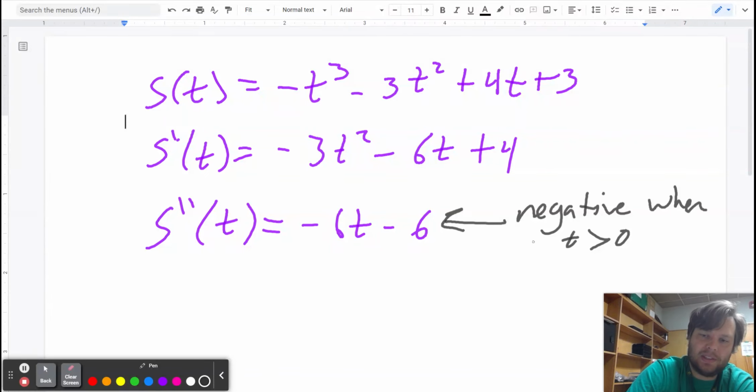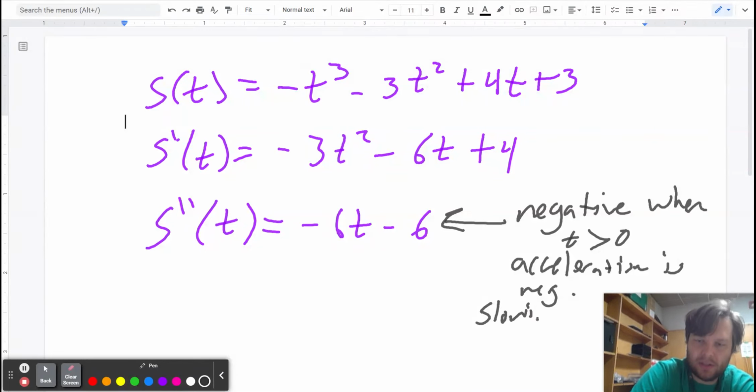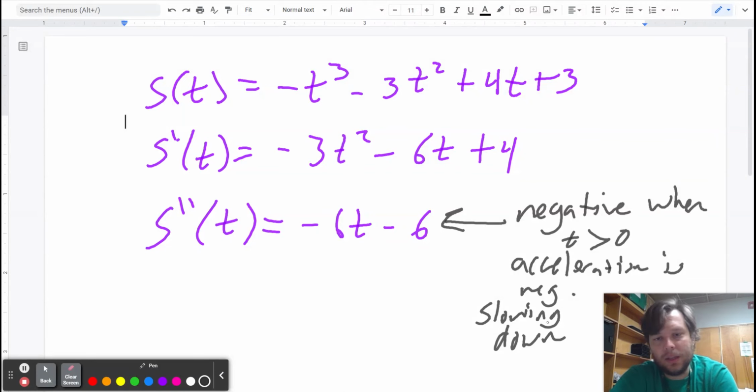And what that means is that the acceleration is negative. Well, in other words, the particle is slowing down.